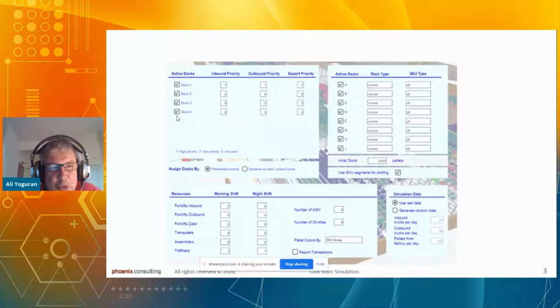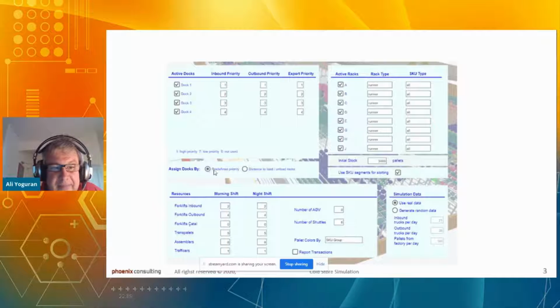Also, the dock usage was another parameter to play with for optimizing the resources. You may give a priority for inbound to some of the docks, or you may give some priority to export products.